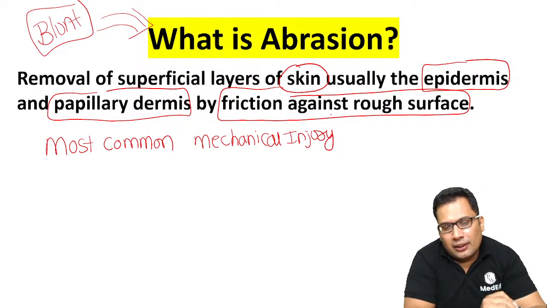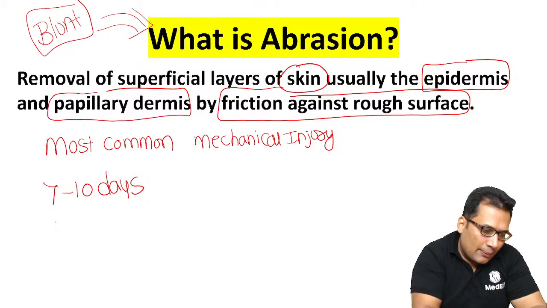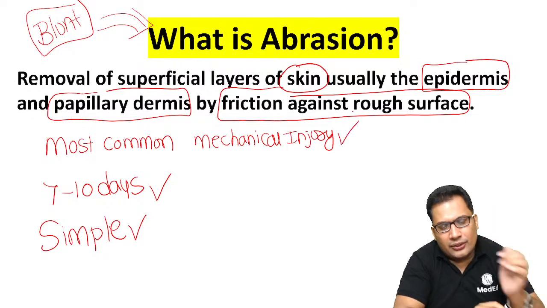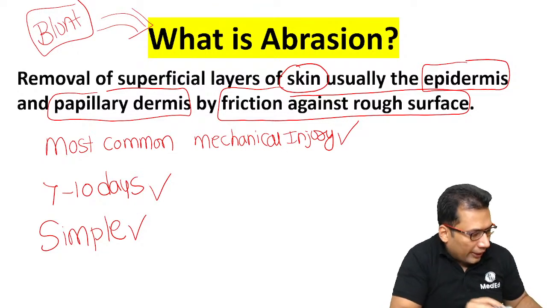Second point you can write, it can regenerate within 7 to 10 days. Most of the time it is a simple injury. If you write this definition, that is fine.